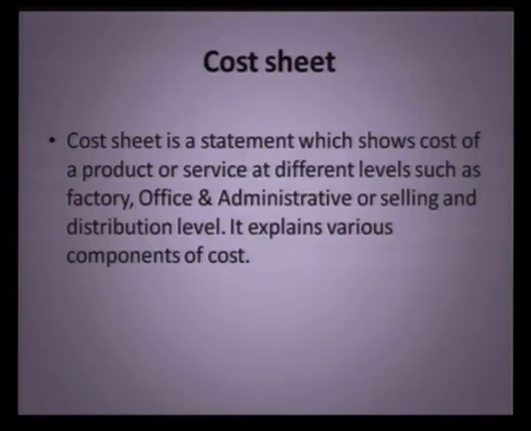It includes the prime cost, the main cost, the direct cost of the product. Then when the product passes from the factory, we call it the factory cost. When it reaches the hands of the customer, we call it the cost of sales. So cost sheet is a document which shows cost at different levels.